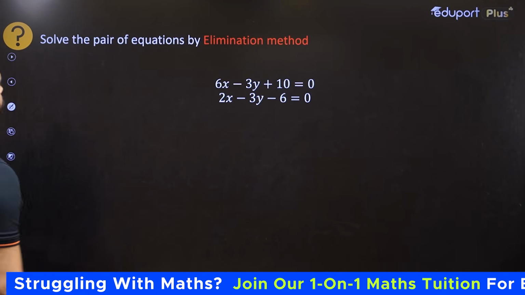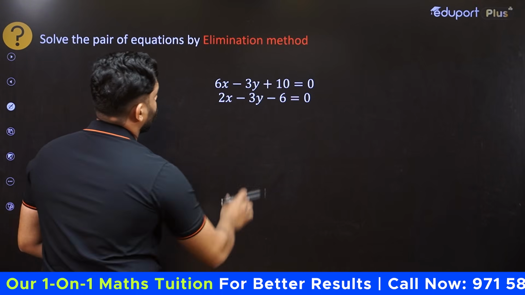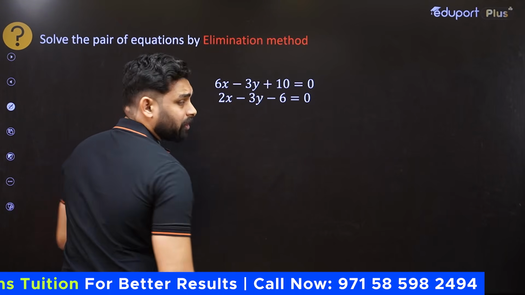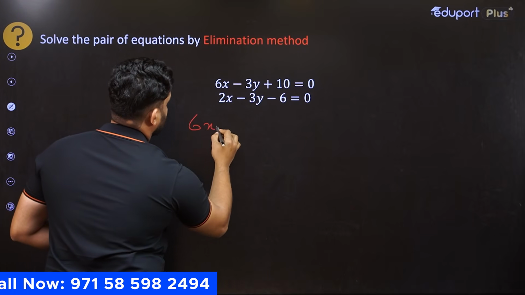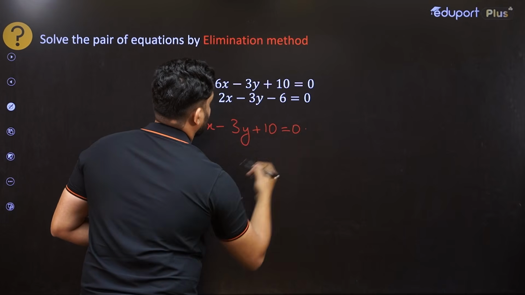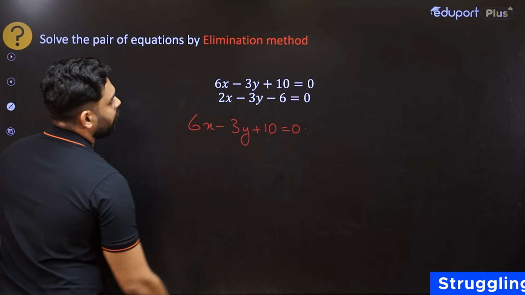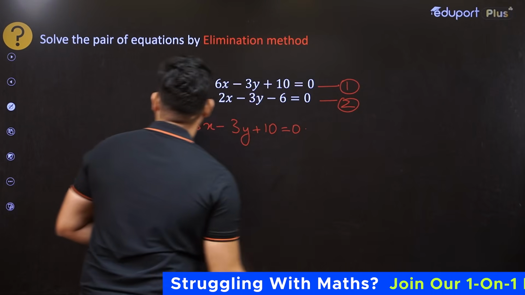Solve the pair of equations by elimination method. Okay, in the elimination method we will make these variables the same. So here 6x minus 3y plus 10 is equal to 0, and the equation 2x minus 3y minus 6 is equal to 0. Let's take this as the first equation and this as the second equation.